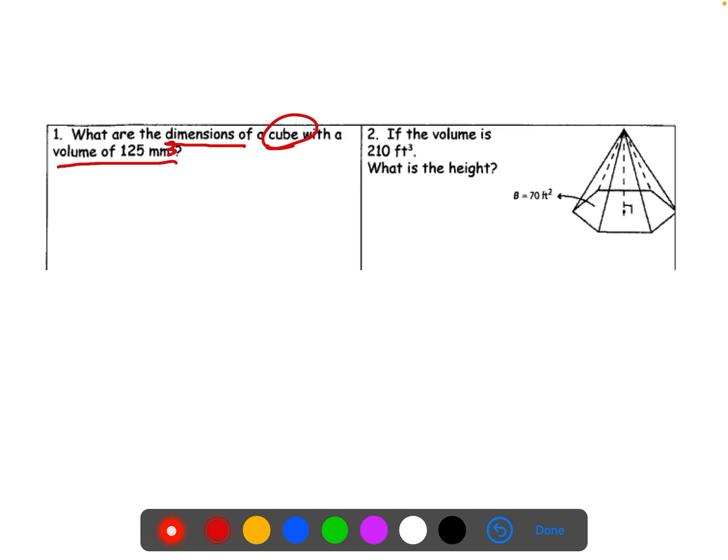So let's apply what we know here. We don't have any picture of the image, but we know it's a cube. And a cube is basically a 3-dimensional square, where this is a square. That means that our length and width of that square are going to be the same measurement.